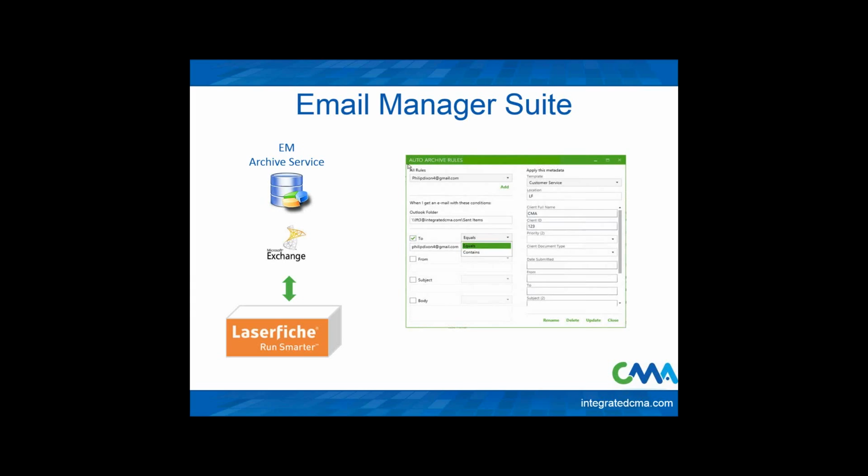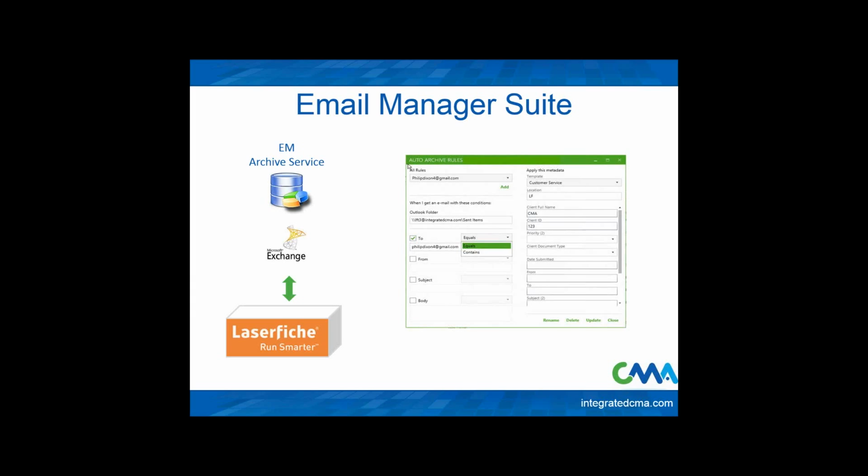So looking at the archive service, the interface is very similar. Again, it's connected to Laserfiche, but everything's happening on the server side. So there's very little end-user experience here other than the administrator when they set it up. It's the type of thing you set it up, it's a service, it runs quietly in the background. Things just happen after it's set up. So we're connected to the Exchange server, the mail server on one hand, and then connected to Laserfiche on the other hand.